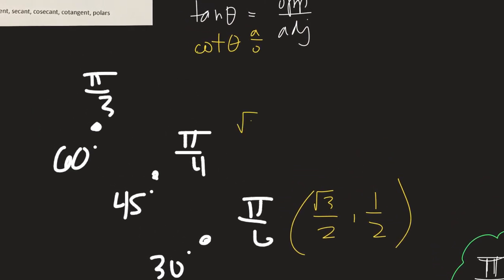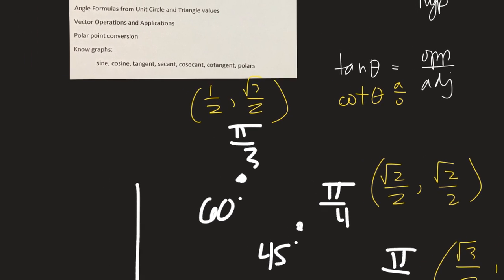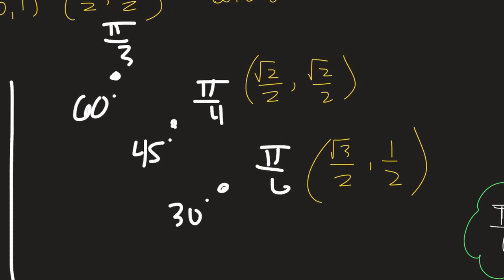And then this one was root 2 over 2 for both of them. All the pi over 4s have the same coordinate. And then up here at 60, this is where it was 1/2 and root 3 over 2. And then, of course, pi over 2 was 0, comma, 1. So 0 in the x, 1 in the y, and our point here was 1, comma, 0.